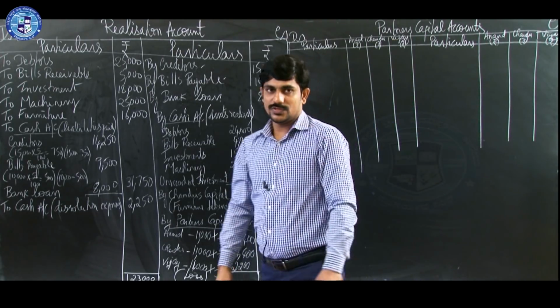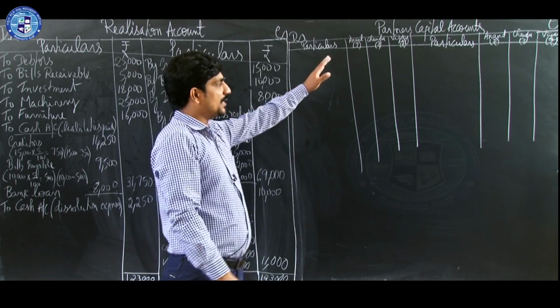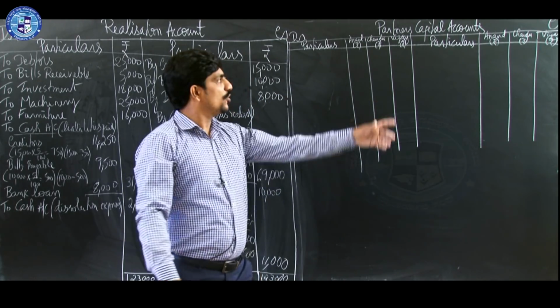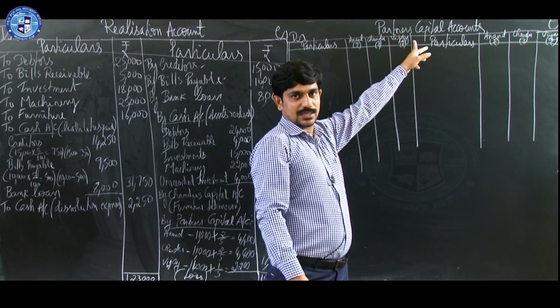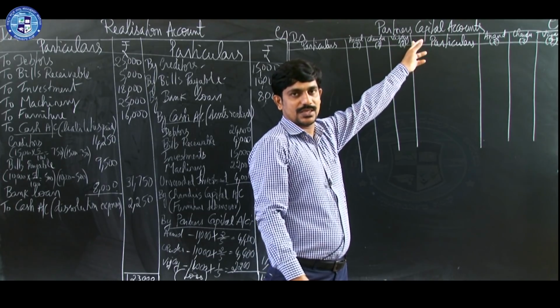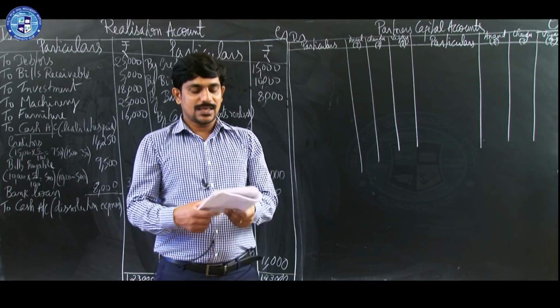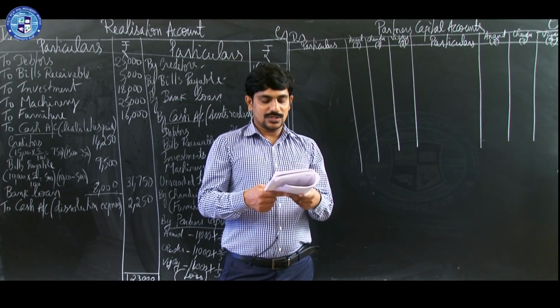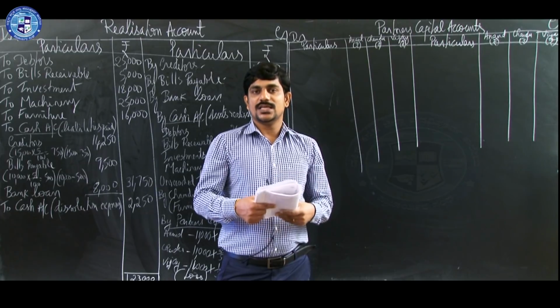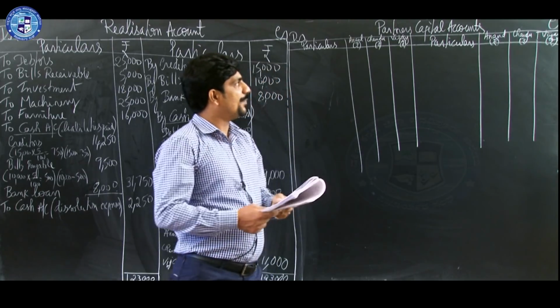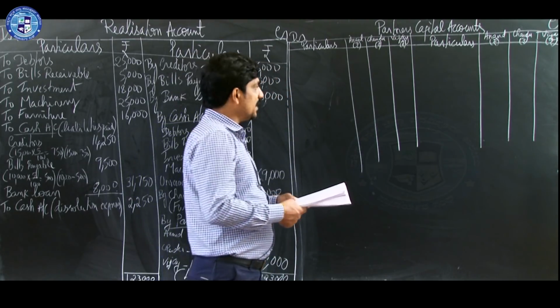Anand, Chandu and Vijay. Now when you are preparing the partners' capital account, what is the first step? You have to record their opening balance, that is the opening capital balance. Go to the balance sheet. On the liability side you can find capitals: Anand 20,000, Chandu 20,000 and Vijay 10,000. Capital shows which balance? Credit balance.